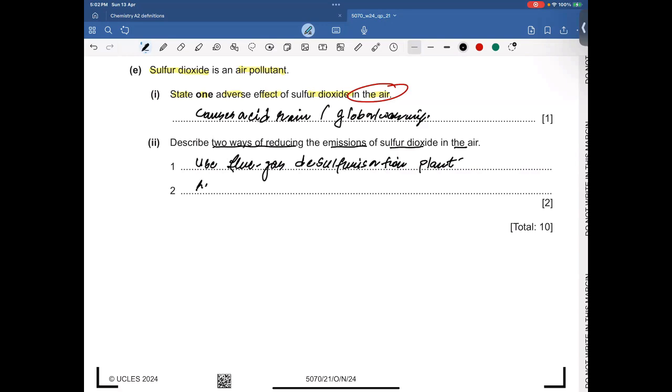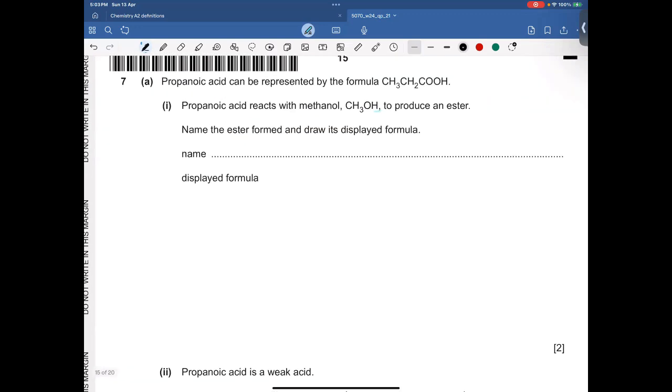Second, reduce the use of fossil fuel containing sulfur. That's the end of question number 6. Let's move on to question number 7.